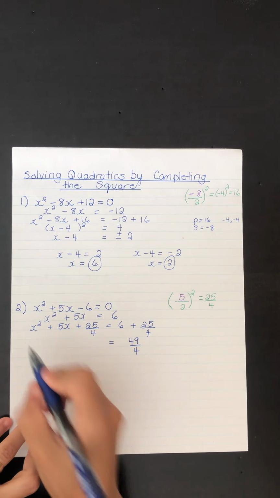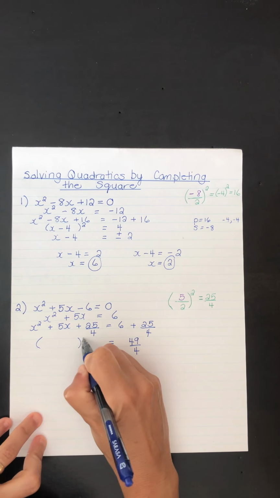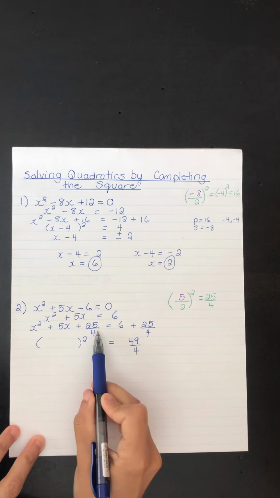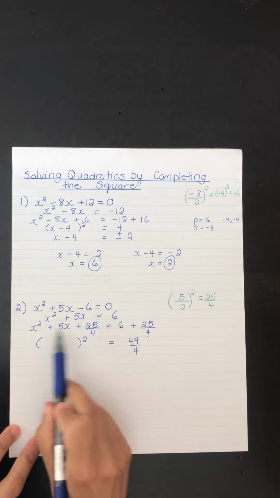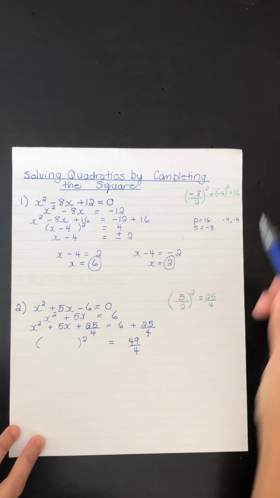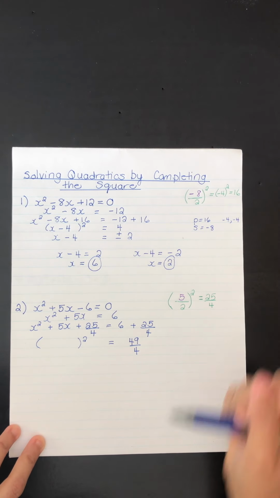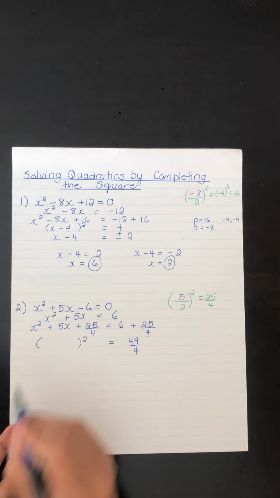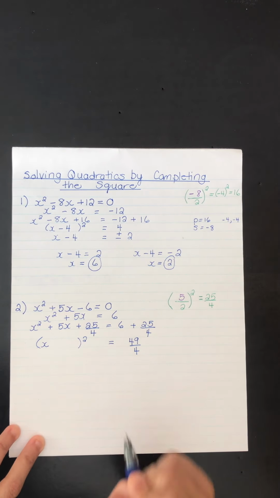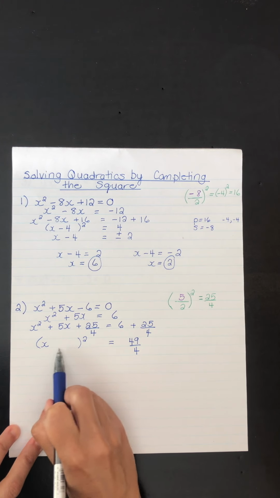Okay? Left side needs to be factored. It's a perfect square trinomial. It will always be a perfect square trinomial if we're using the correct magic number. We need to figure out what goes in here. It's going to be an x, certainly, and we have to figure out the rest of it.